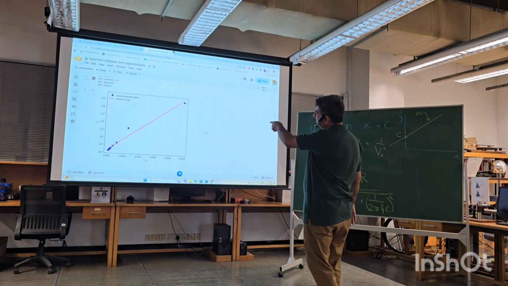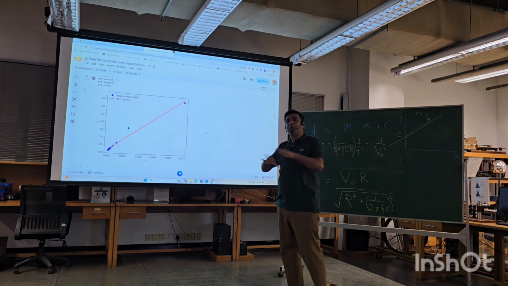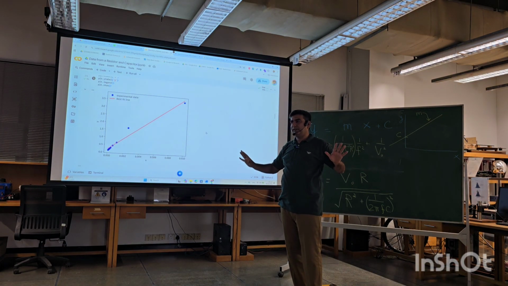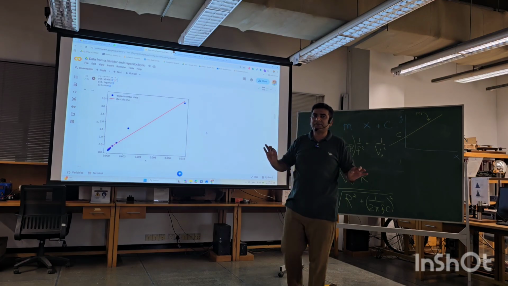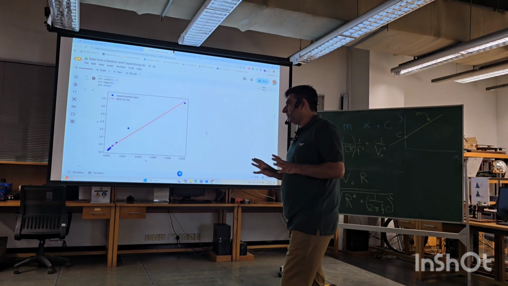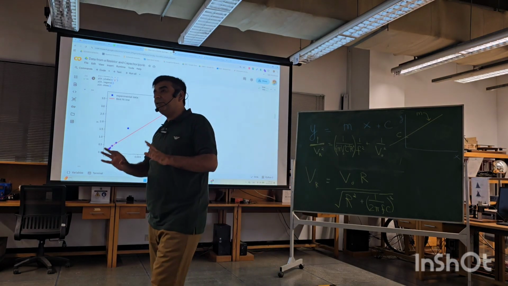And when you drew this red line, you had no idea whatsoever of the uncertainties. And when you drew the best fit line, each point was given equal emphasis. Each point was given equal weightage.